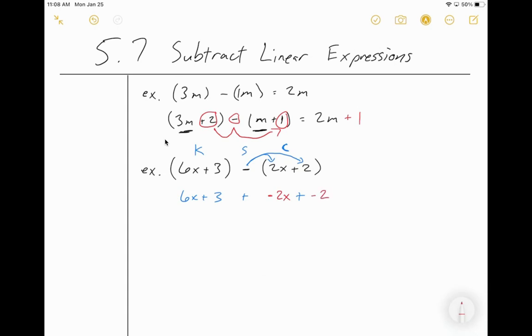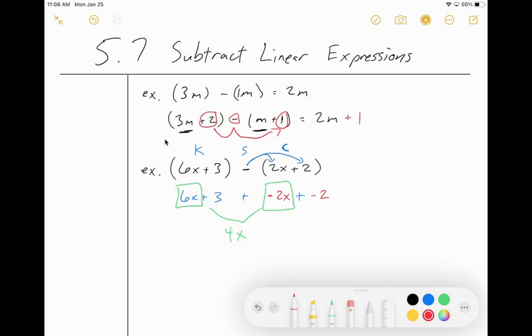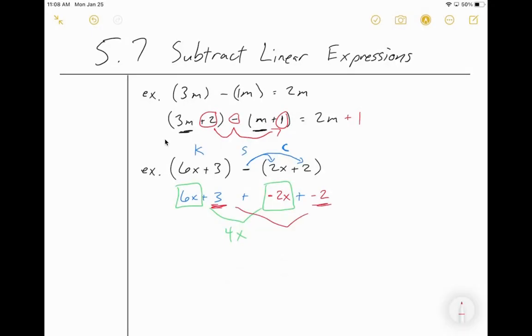And then I can do it just like I've been doing all these other problems, right? I can stack them. I can do boxes. I can do however I want. So on this one, I'll just do boxes real quick. Well, 6x and negative 2x combined to make 4x. And positive 3 and negative 2 combined to make a positive 1.